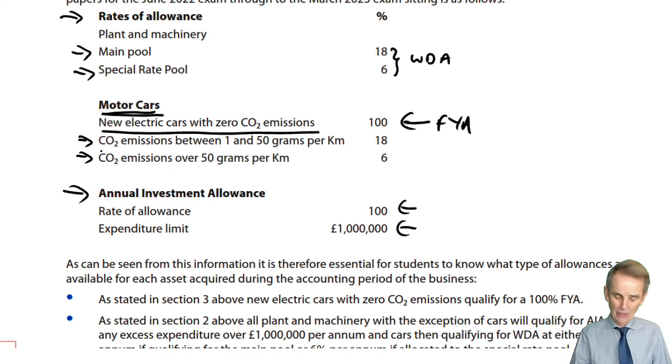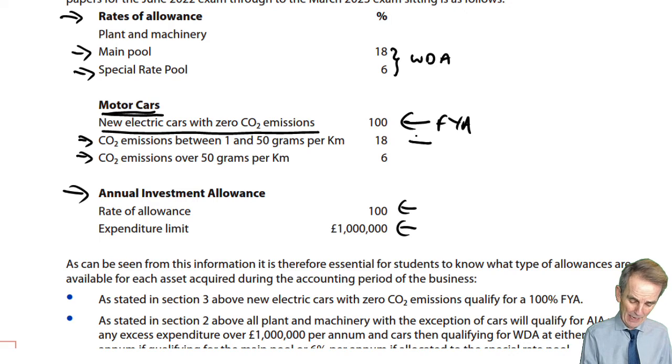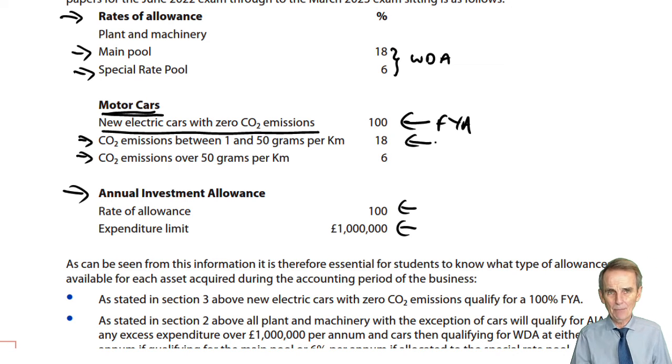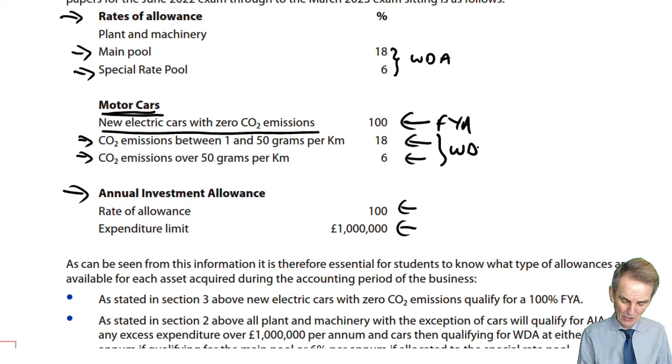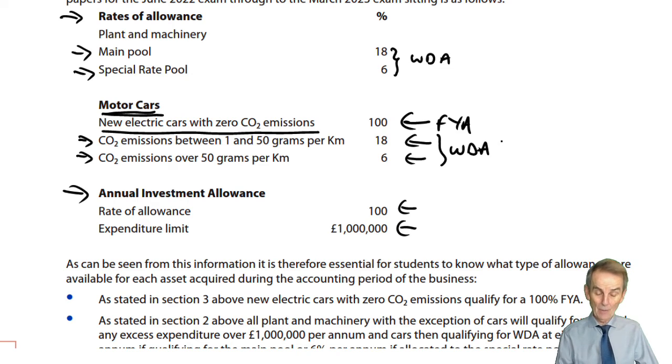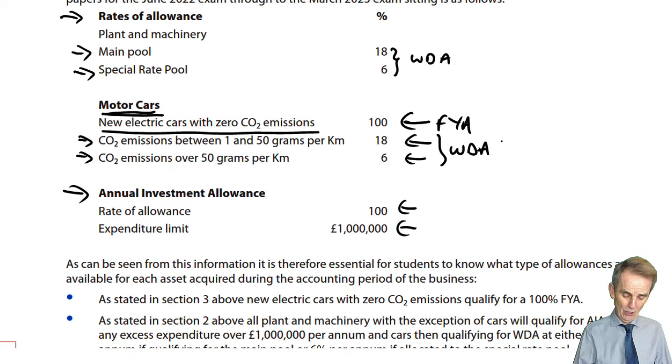If they do not exceed 50 grams per kilometre, it's a main pool item and an 18% annual WDA is available to you. Or if it's over 50 grams, it's 6%. And again, those are your writing down allowance figures there. So that information is made available to you.